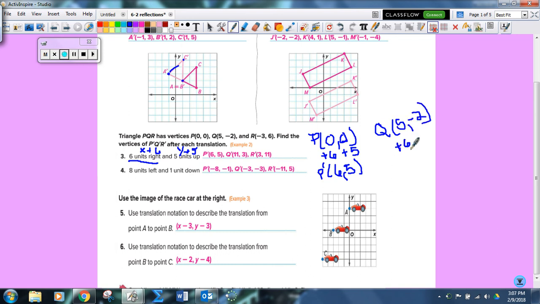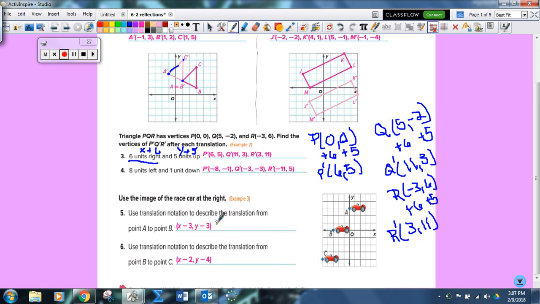I add 6 to the x, add 5 to the y, and I get 11, 3, which is Q prime. I take R, which is negative 3, 6. I add 6 to the x, 5 to the y, and I get 3, 11, which is R prime.